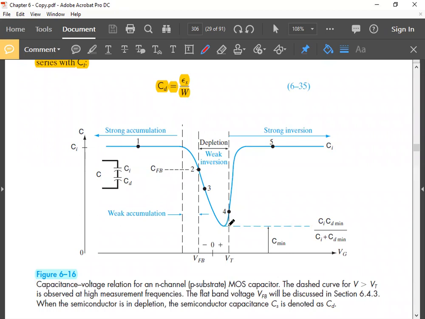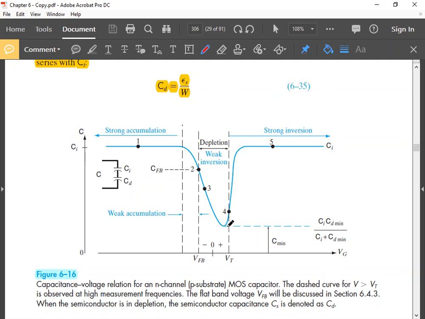Now at strong inversion, what will happen? It will not exactly match, but to some extent it will. Inversion ideally should have been at this minimum point, but VT is shown past the minimum point because of other effects, as I told you.